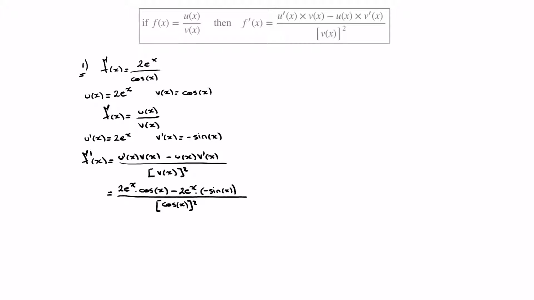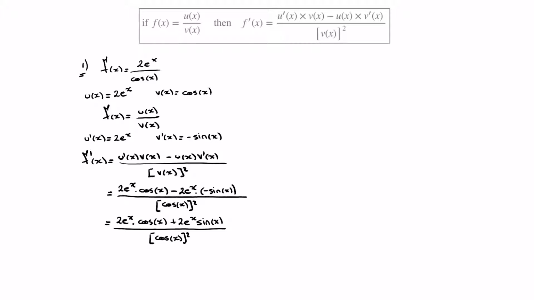Now we can simplify the numerator a bit and say that this equals 2e^x times cosine of x plus 2e^x times sine of x. And all of this is divided by cosine of x squared. Now we could stop here, but we could also go one step further and see that there's a common factor here on the numerator, which is 2e^x.